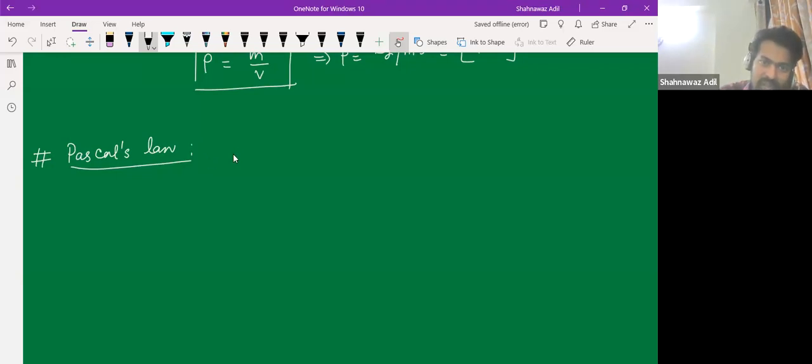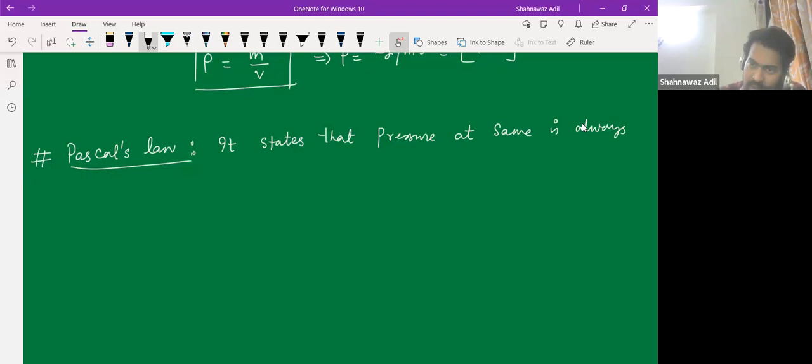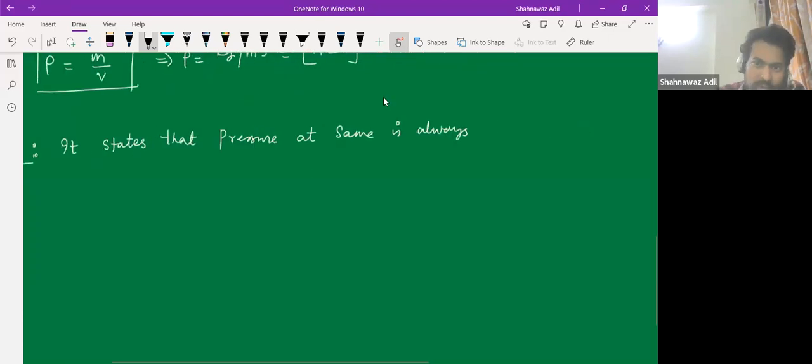What does this Pascal's law say? It states that pressure at the same height is... proof is not that much important.